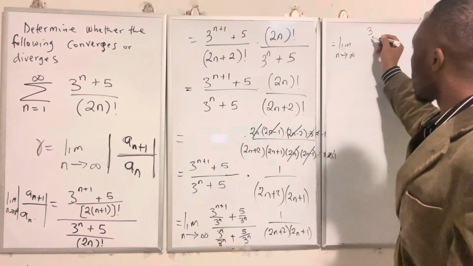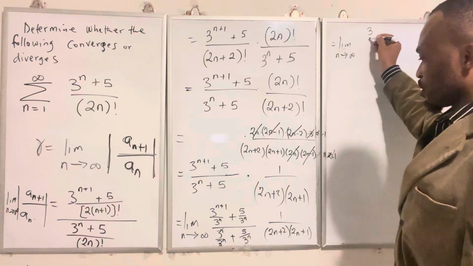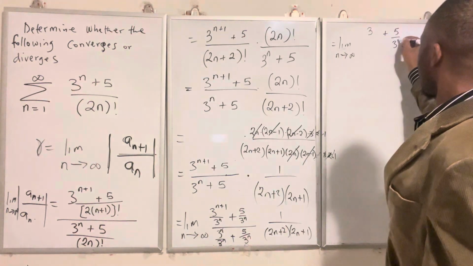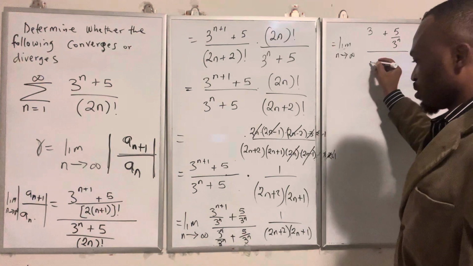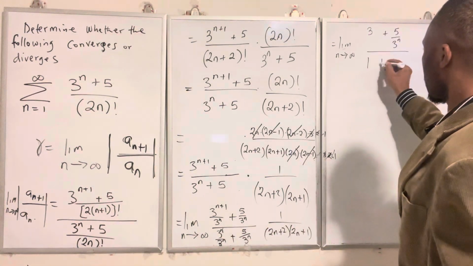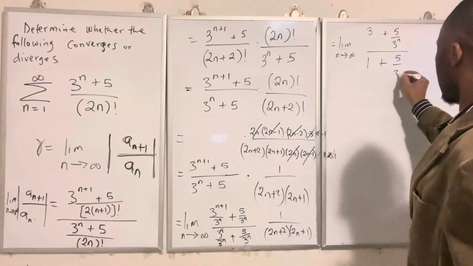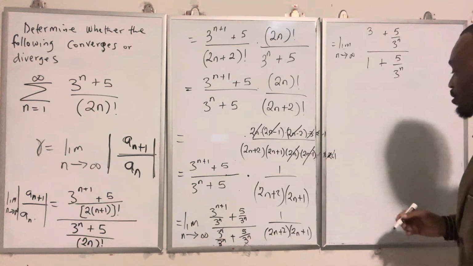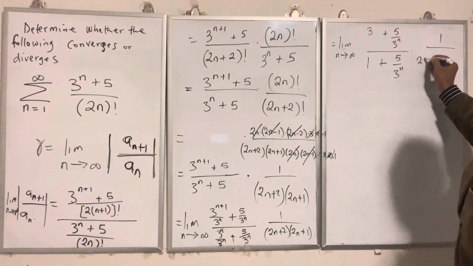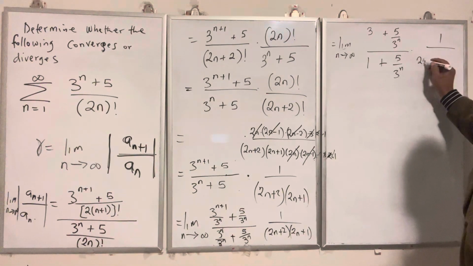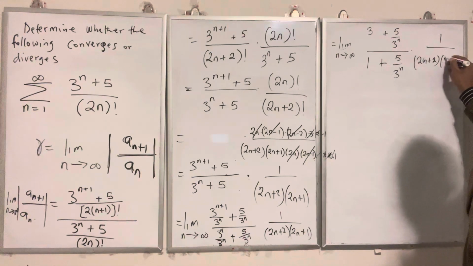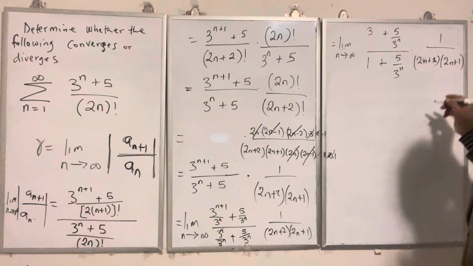So we'll be left with 3 plus 5 over 3 raised to the power n, over 1 plus 5 over 3 raised to the power n, times 1 over 2n plus 2 into brackets 2n plus 1.